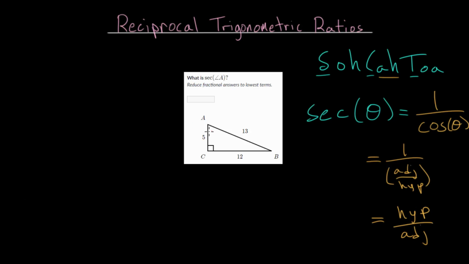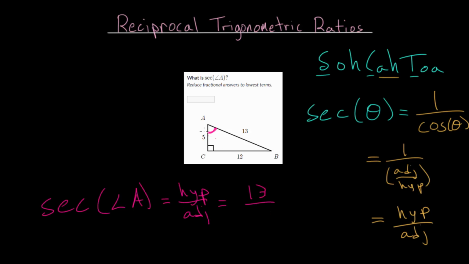And for this problem, we're concerned with this angle A here. So the secant of that angle A is going to be the ratio between the hypotenuse and the side adjacent to A. The hypotenuse is always the long side, the one opposite the right angle. So in this case, it's 13.